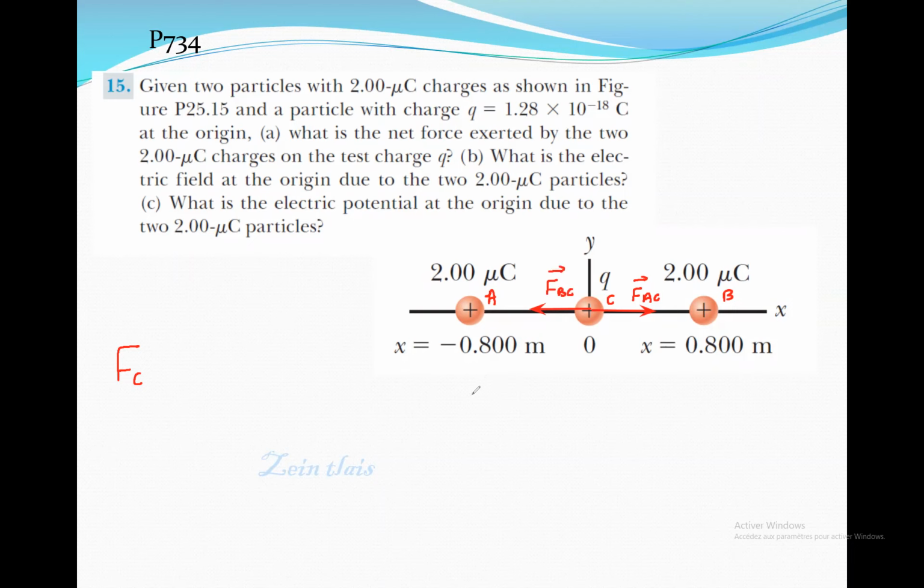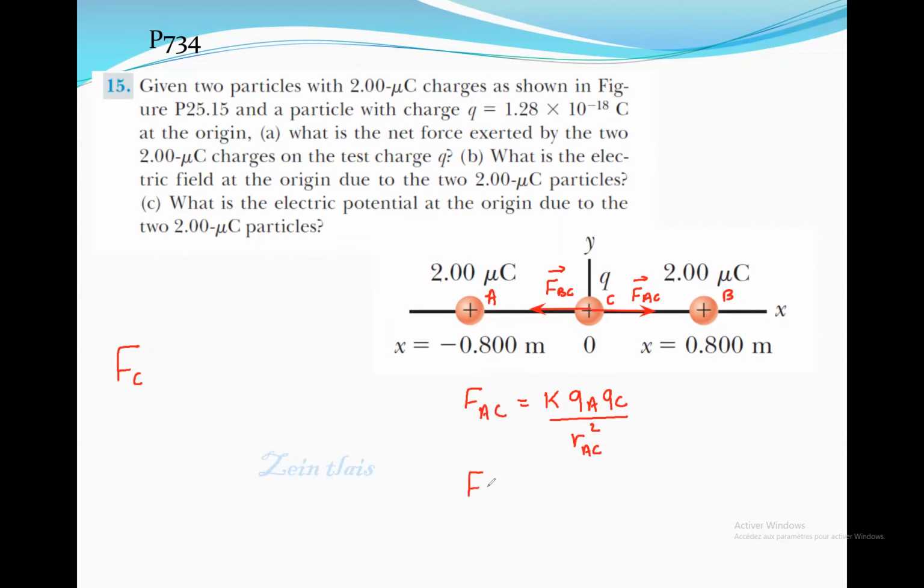FAC equals K QA QC divided by the distance between A and C squared.